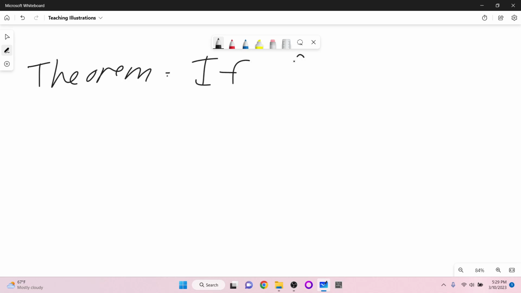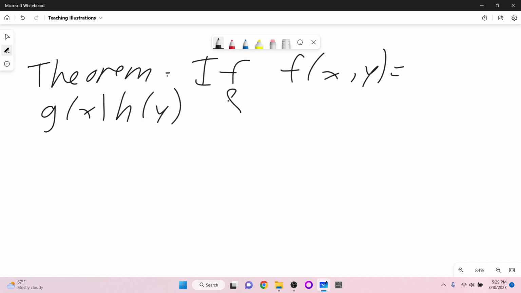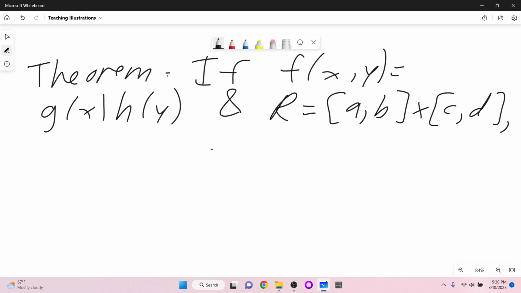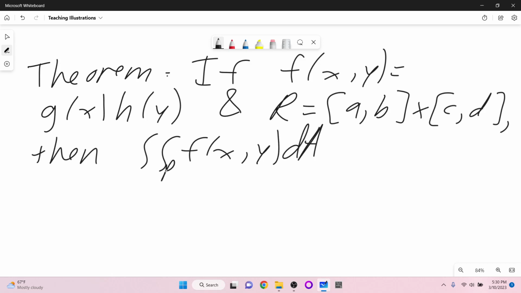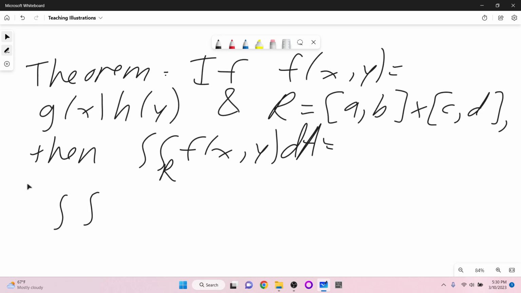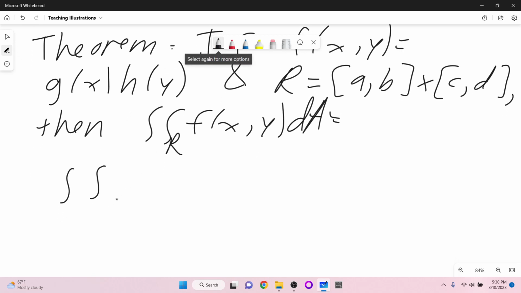If f of x,y can be written as g of x times h of y, and we're on the rectangle [a,b] cross [c,d], then the double integral of f(x,y) dA across R can be written as... well, I'm going to just draw out the in-between step as sort of a proof because it's actually really not very complicated.